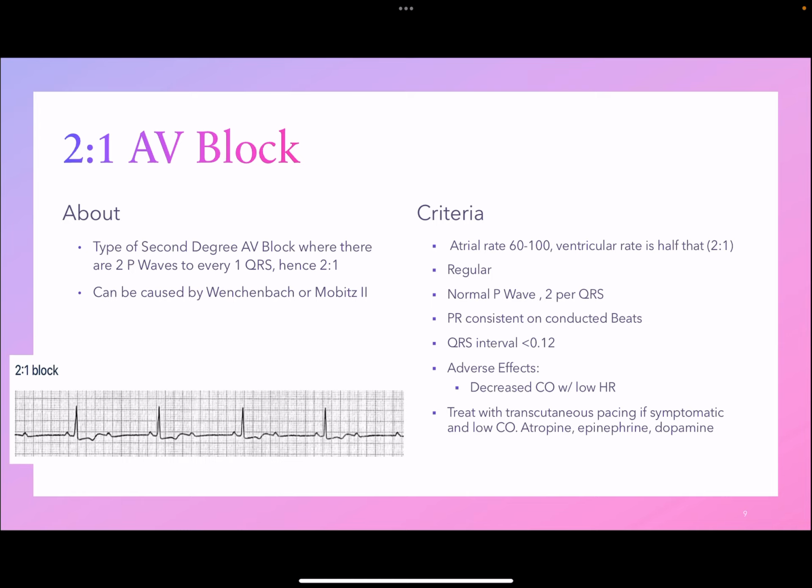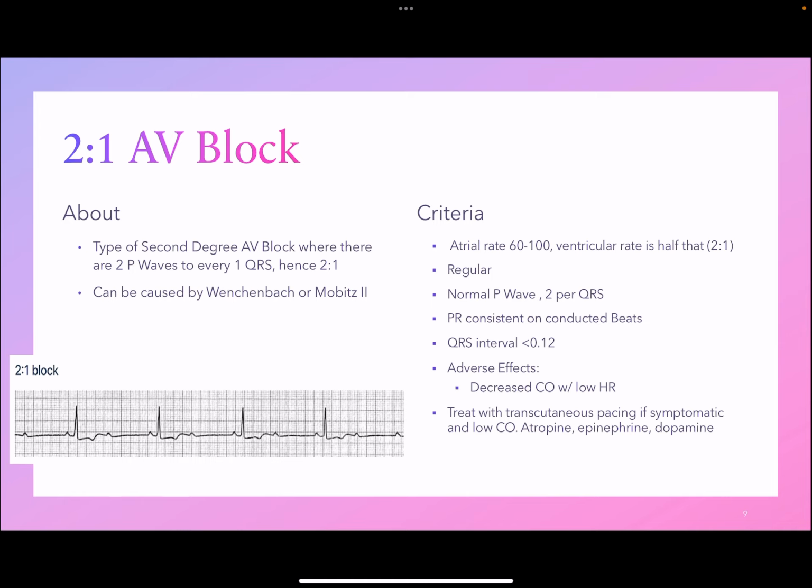There are normal P waves, 2 per QRS, and the PR interval is going to be consistent on conducted beats, similarly to the Mobitz 2. The QRS interval is typically going to be less than 0.12.